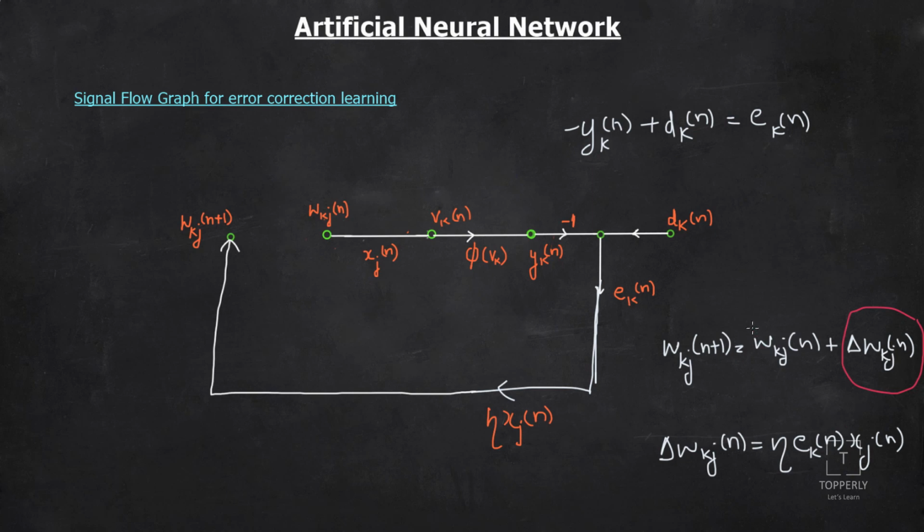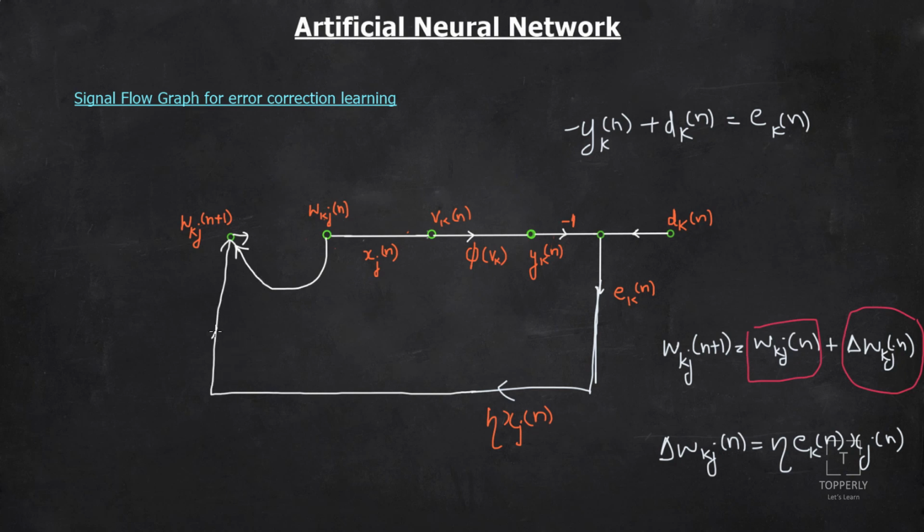Now we have to provide wkj of n to this node, right? For that, I will take the wkj of n from here and I will feed this into here. Is that okay? Now the output of this node will be the summation of this signal and this signal. And what is this signal?